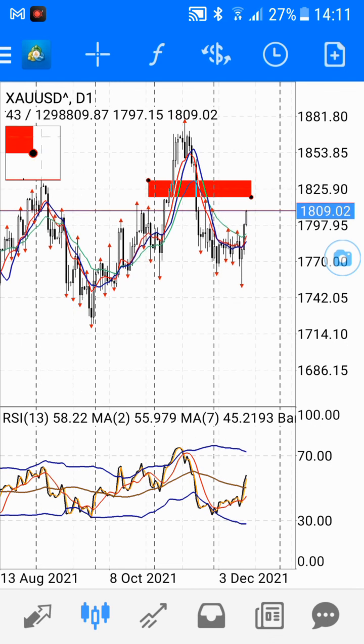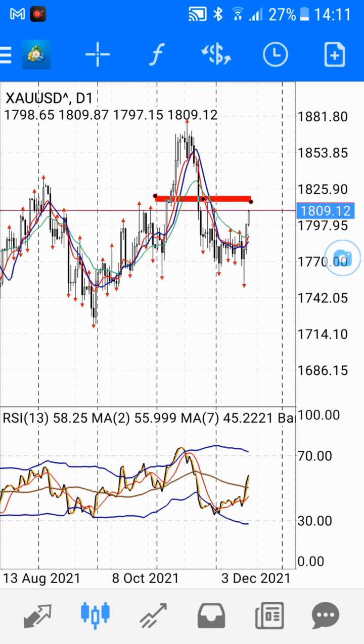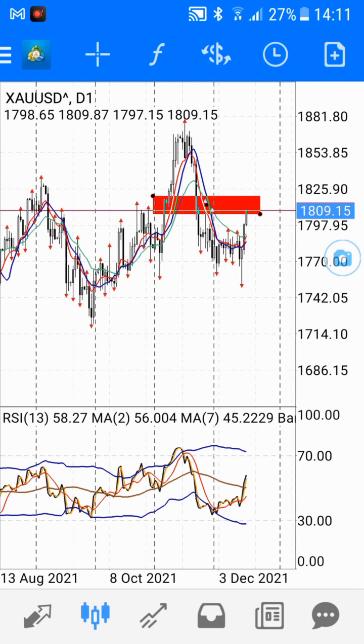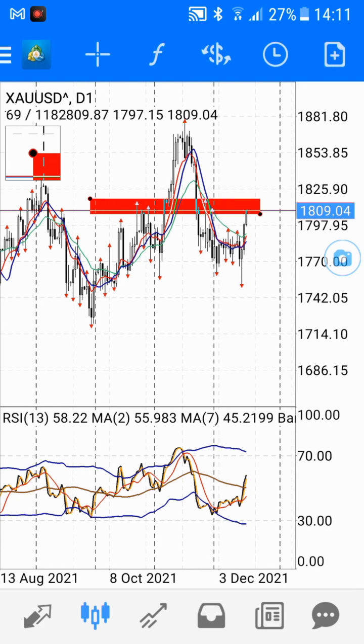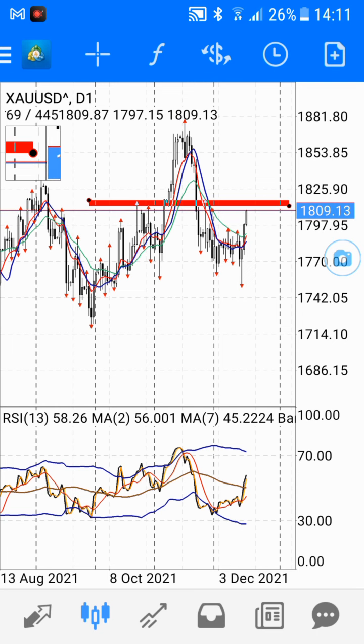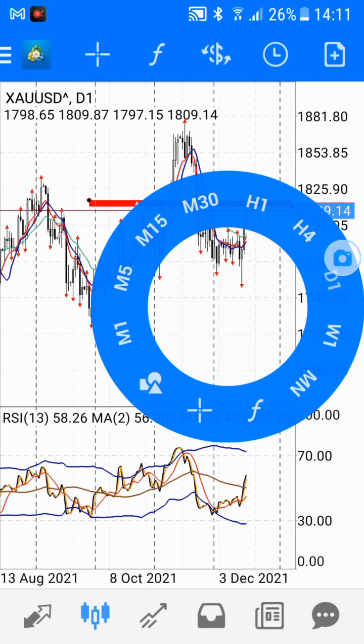I've got big fat fingers. For you it might be easier, but you basically want to draw a resistance area. Okay, maybe not as thick as that, and maybe it's not as high, but that would be my resistance area right over there. So that is on my daily.